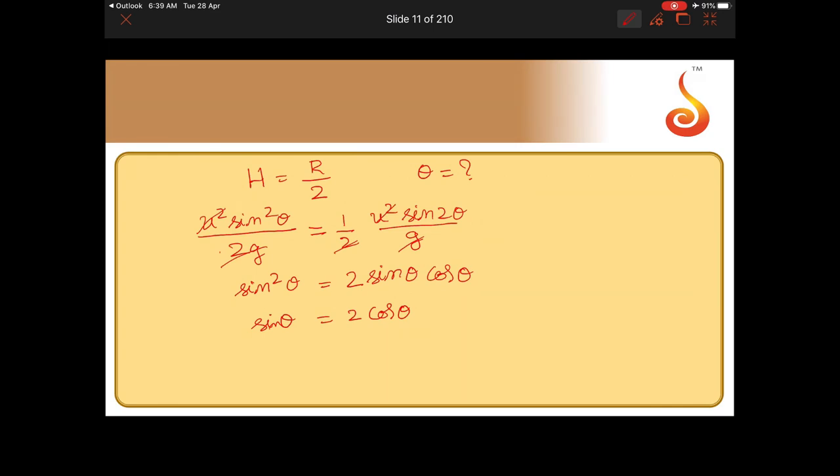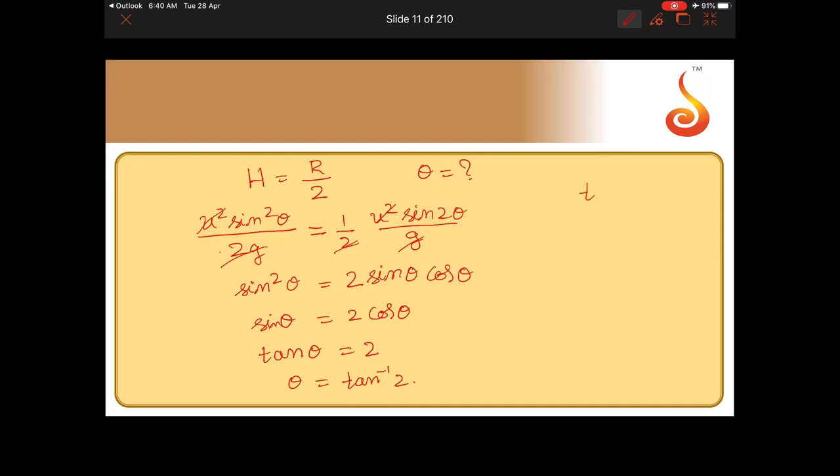So I will get, send this cos theta to this side, you will get tan theta is equal to 2. So tan inverse of 2 is theta.